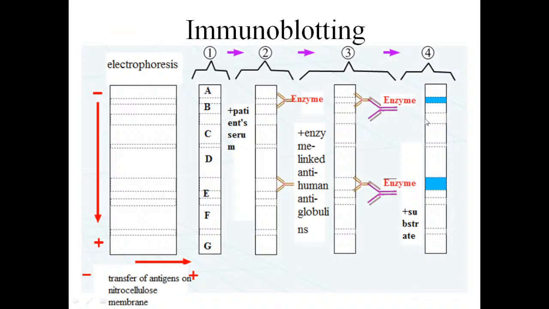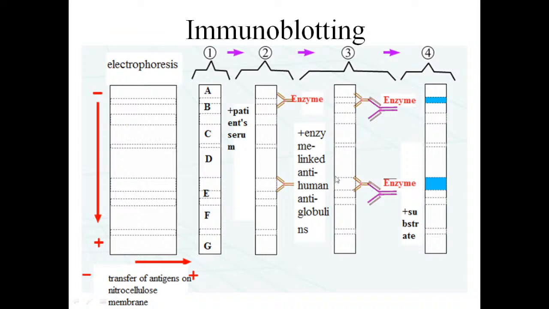So we may say which antibodies were present here, because in some strips we can see a change of color.